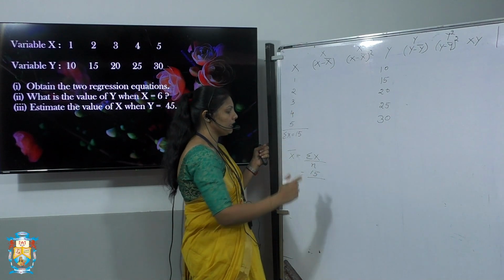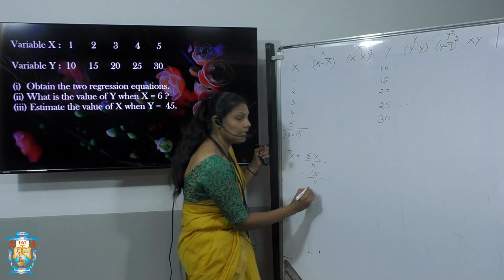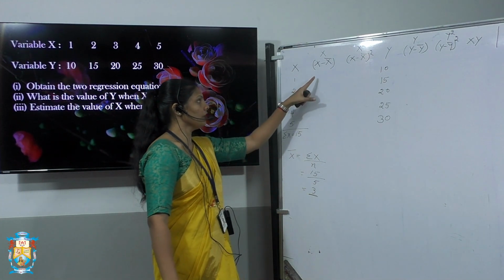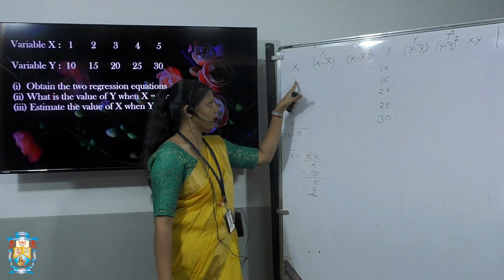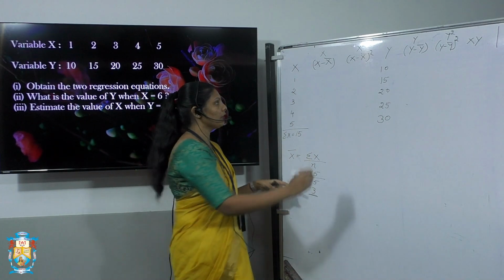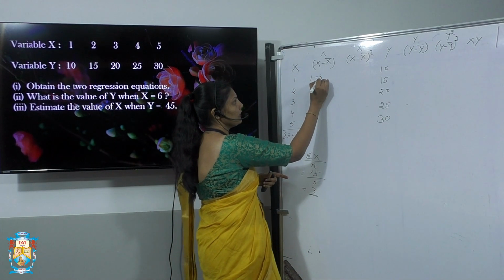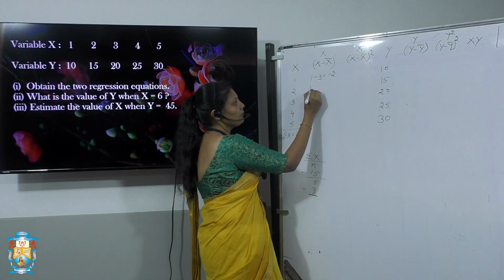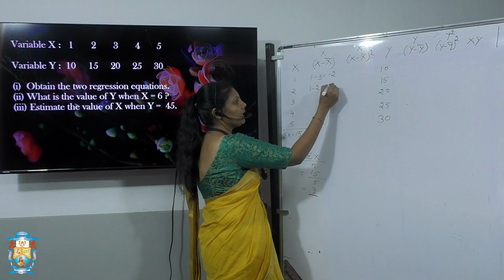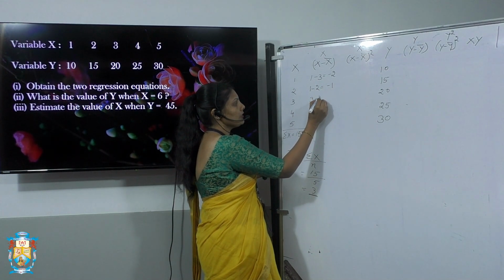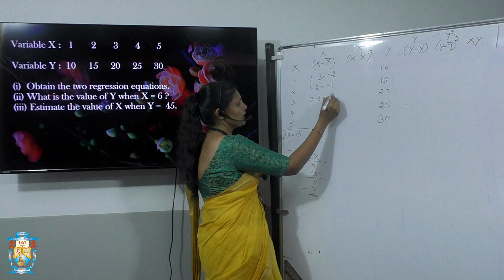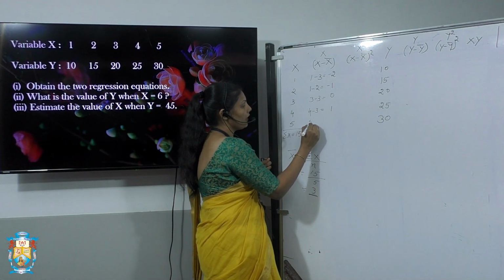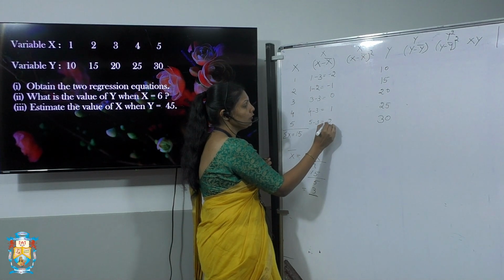N is 5, so we get 15 by 5, which is 3. Now x is 1, whereas x bar we got as 3. We have to subtract: 1 minus 3 is minus 2. Similarly 2 minus 3 is minus 1, 3 minus 3 is 0, 4 minus 3 is 1, and 5 minus 3 is 2.